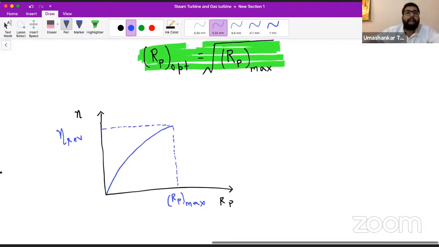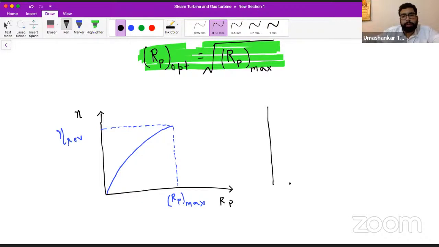But what will happen to the work then? So I am plotting another plot just to make you aware of what changes are happening with respect to this pressure ratio.